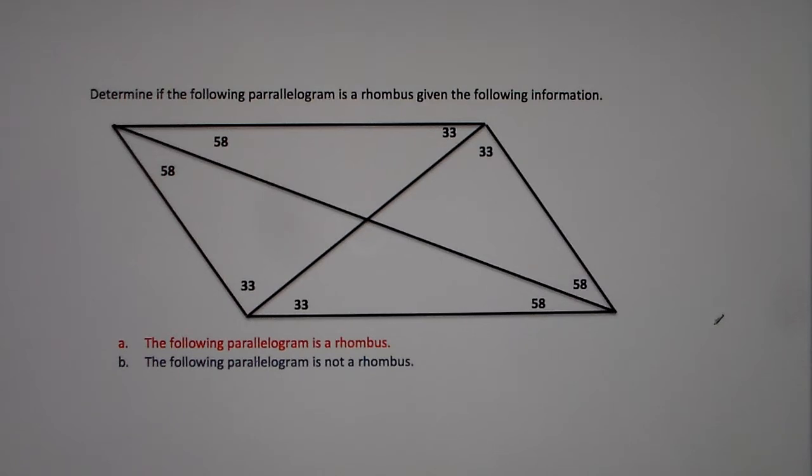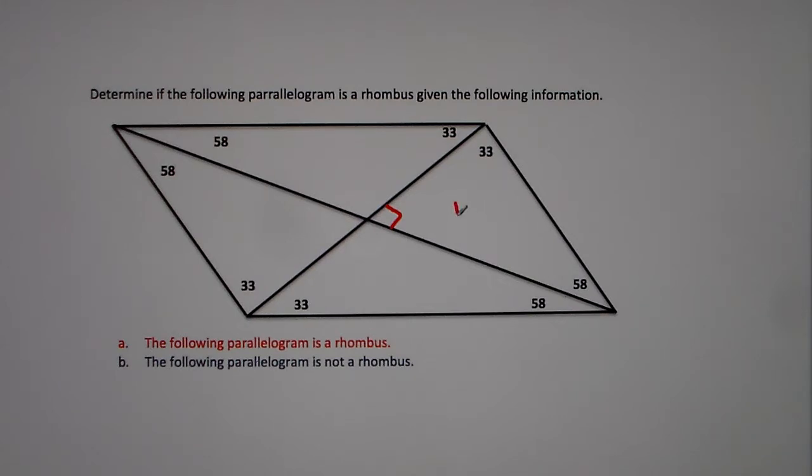Now let's do this next one. Determine if the following parallelogram is a rhombus given the following information. So looking at this information here, this guy and this guy, they do match up. These match up, these match up, and these also match up. So it all looks good. However, we also need to check to see if that's a 90-degree angle there, because it also has to meet that condition too.